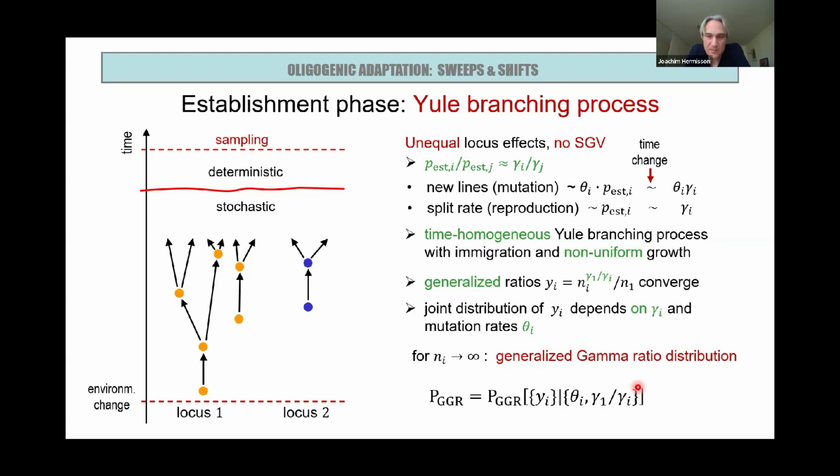So it is quite a bit more difficult than the inverted Dirichlet distribution that we had before, and therefore I only write that. The only information that I wanted to get across anyway is that it's a distribution that depends on these theta_i and on the ratios of the locus effect sizes.